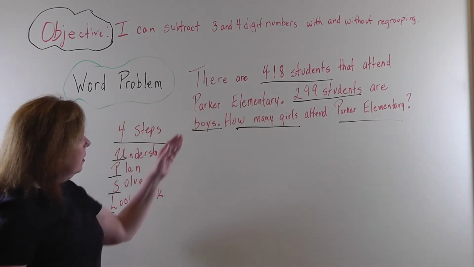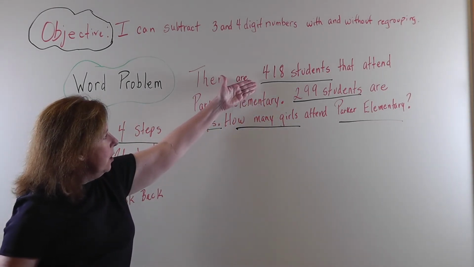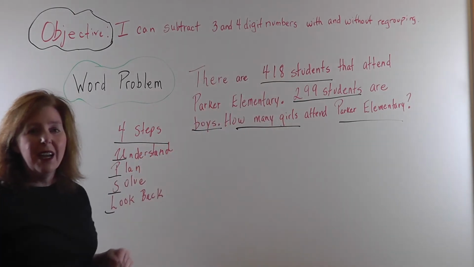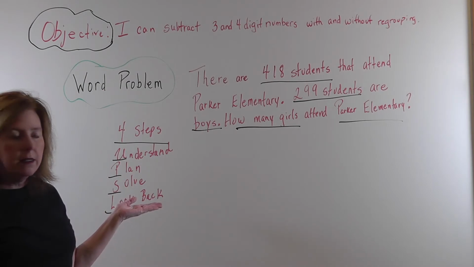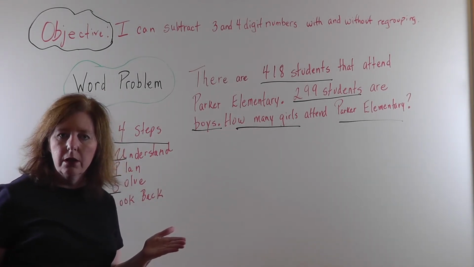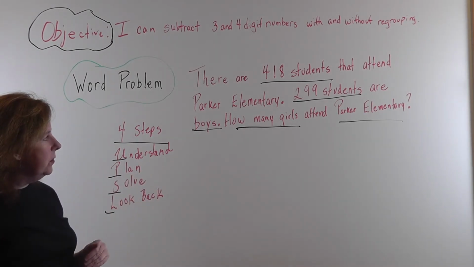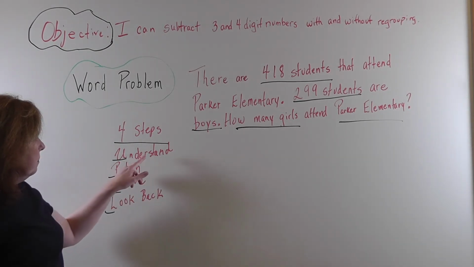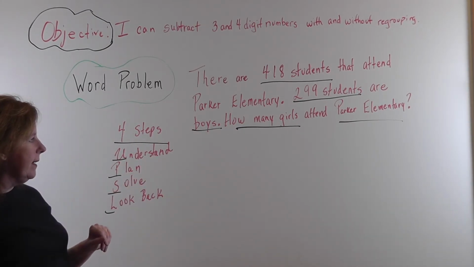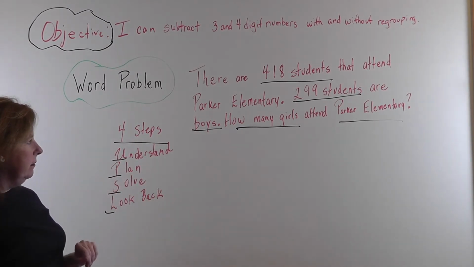Okay, so I know the total is 418 students at the school. I know that there are 299 students that are boys. And I know I need to figure out how many girls attend the school. So I understand the information, understand what they're asking. My plan.